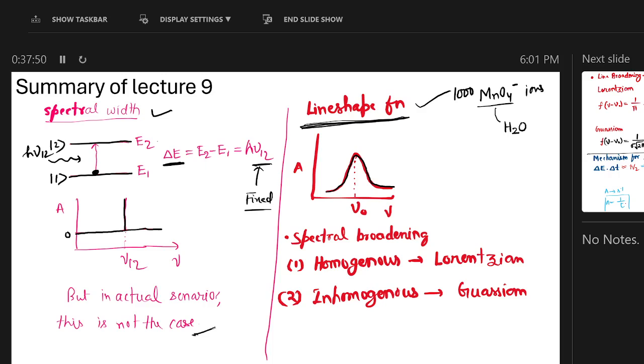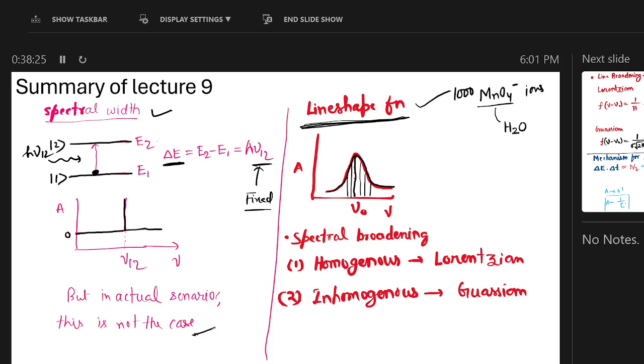Every ion or some group of ions will experience different water molecules compared to some other group of ions. Because of that, the energy level may change and you will not get a sharp transition. You will get some transition here, some here, some here, and that will give you a broad peak.